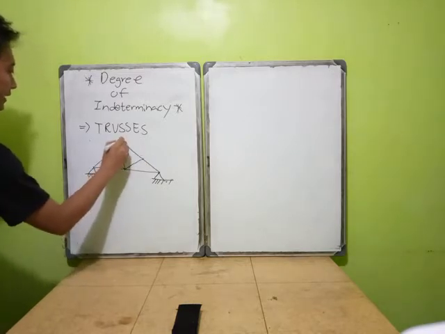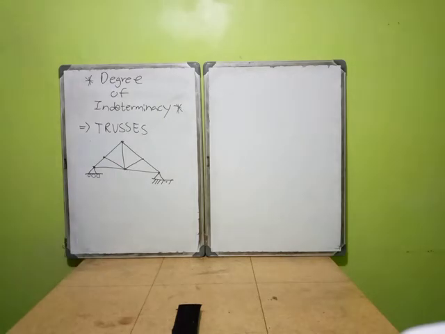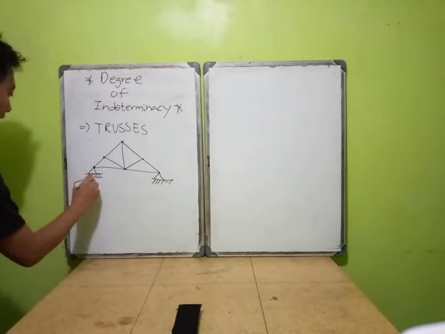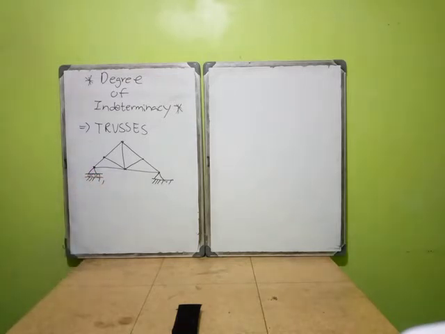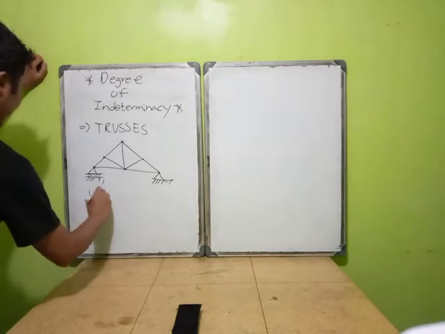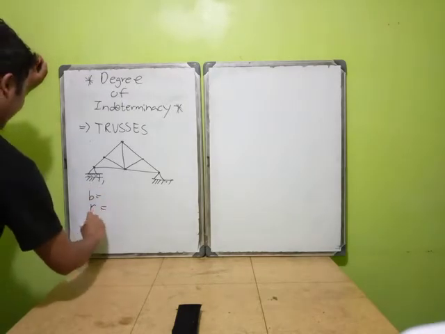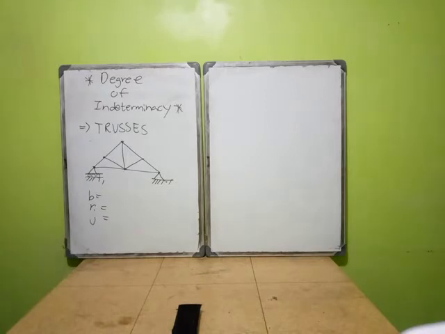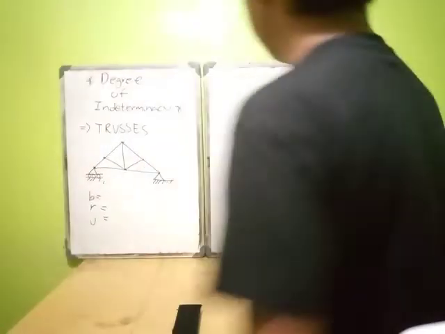So, what about this? Tingnan natin if this truss is statically determinate, statically indeterminate, or statically unstable. Bilangin natin, di ba? Ang una nating dapat malaman is yung B, yung R, saka yung J. So, I just repeat the formulas.